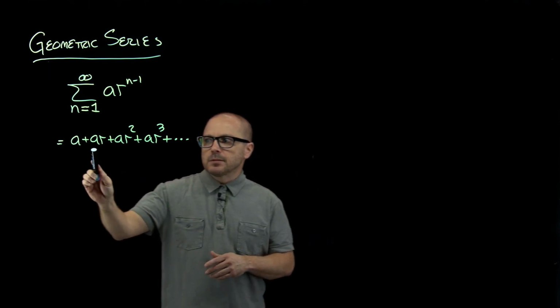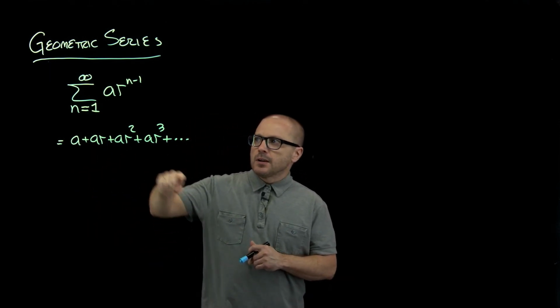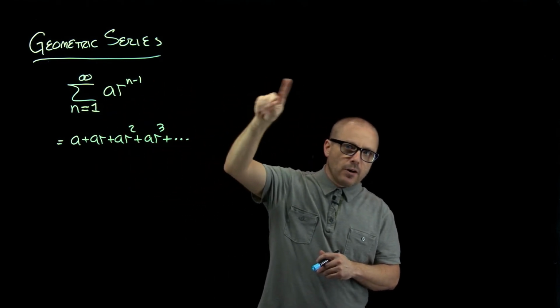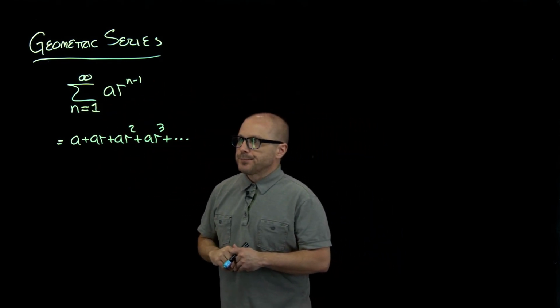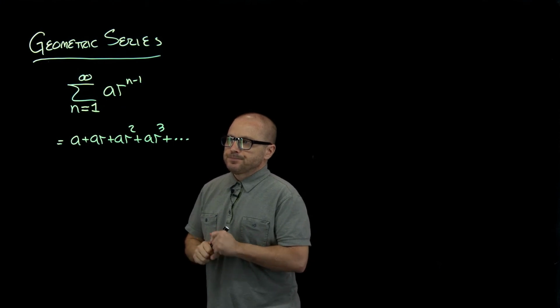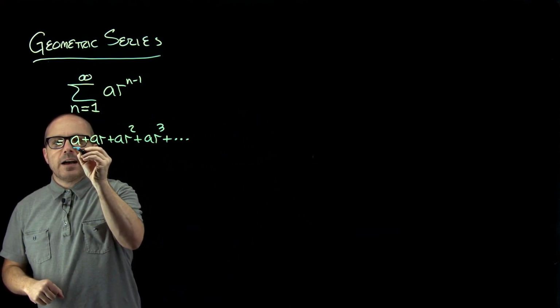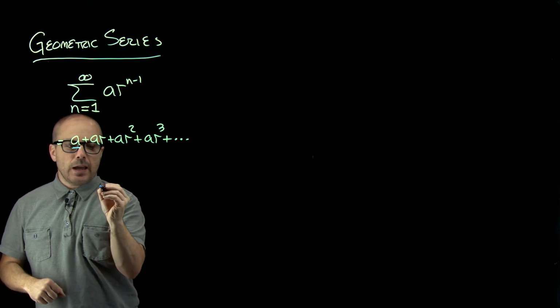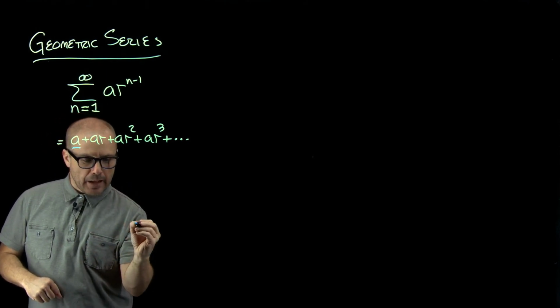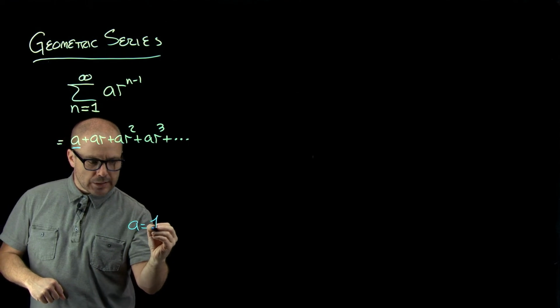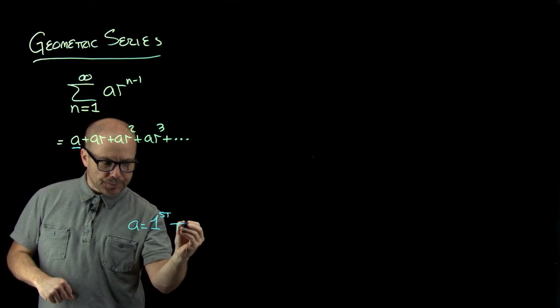The terms look like this, right? Notice all that's happening is the power on r is going up by 1 each time. So each term, if you look at it written out, you start with some value, a. So a is always your first term.